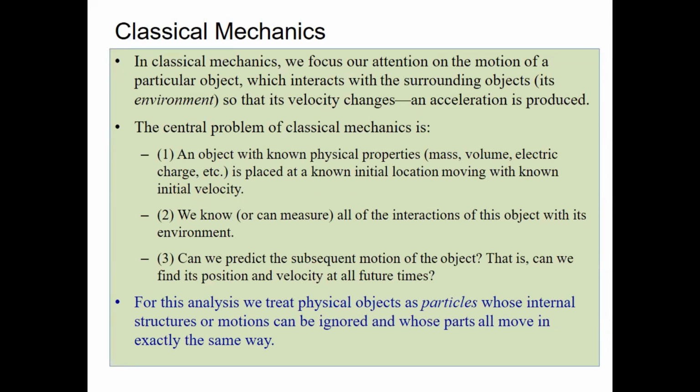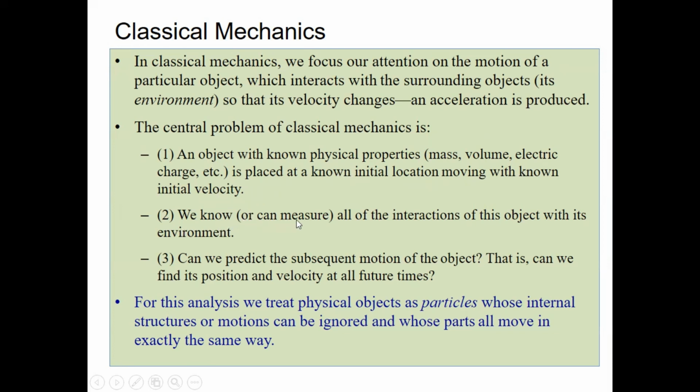In classical mechanics, we focus our attention on a particular object which interacts with the surrounding objects, so its velocity changes or acceleration is produced. So the central problem of classical mechanics is that an object with known physical properties, such as mass, volume, electric charges, and other properties, is placed at a known initial location with a known initial velocity.